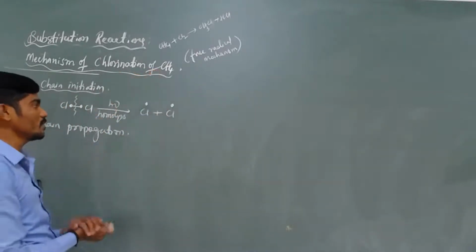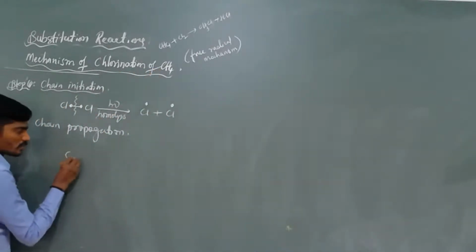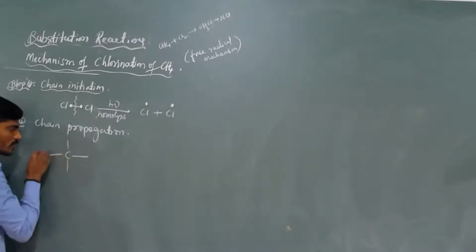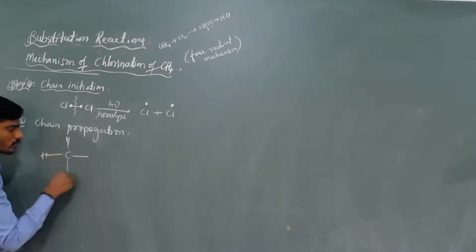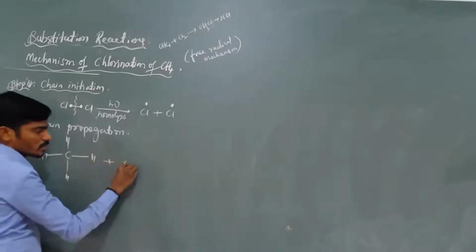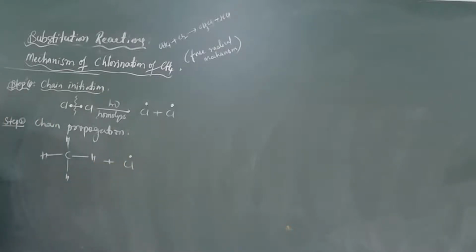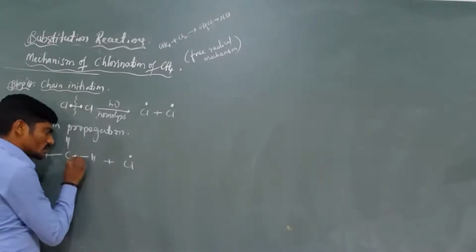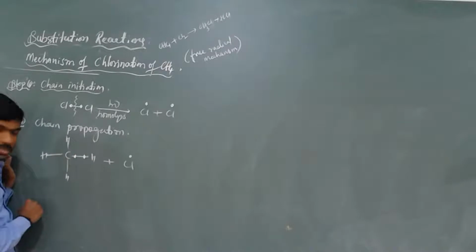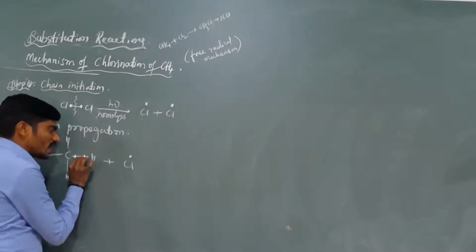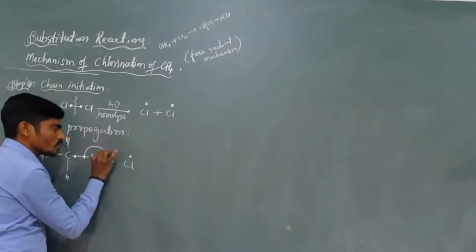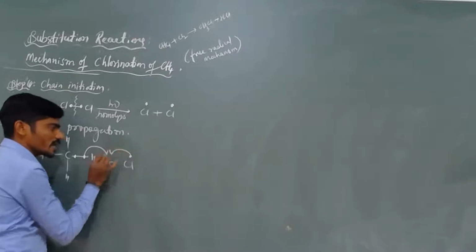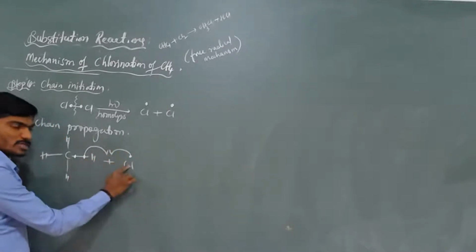The reactant is methane, CH4, plus Cl dot. In the chain propagation reaction, there are two electrons in one bond. One of these electrons combines with the Cl radical and a bond is formed.